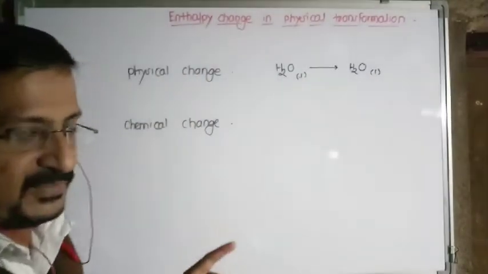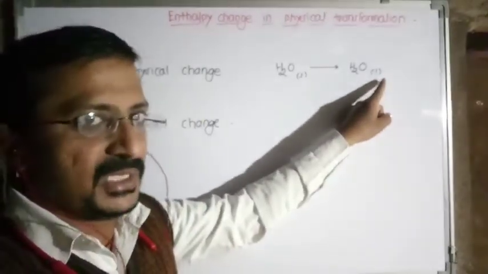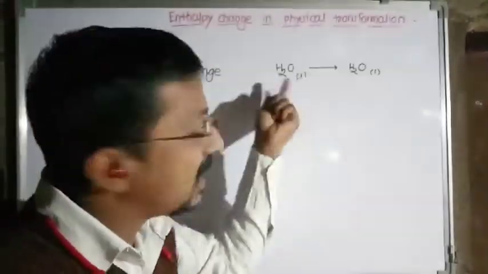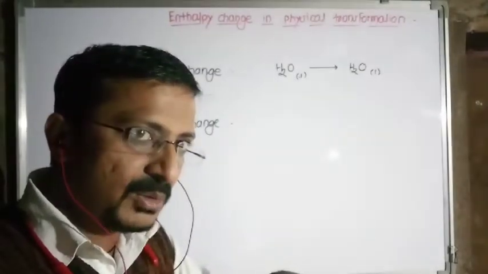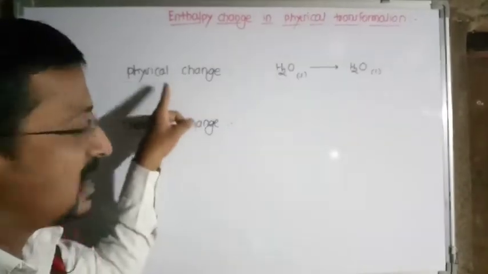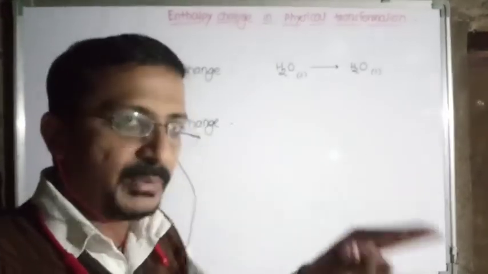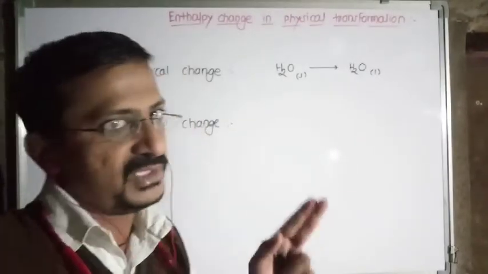In this case solid is converted into liquid, so the physical state changes. One physical transformation occurs without changing chemical composition. H2O in solid state has the same chemical formula and composition as water in liquid state. So in physical change there is only a change of physical state: solid to liquid, liquid to gas, solid to gas, gas to solid, gas to liquid, and so on.